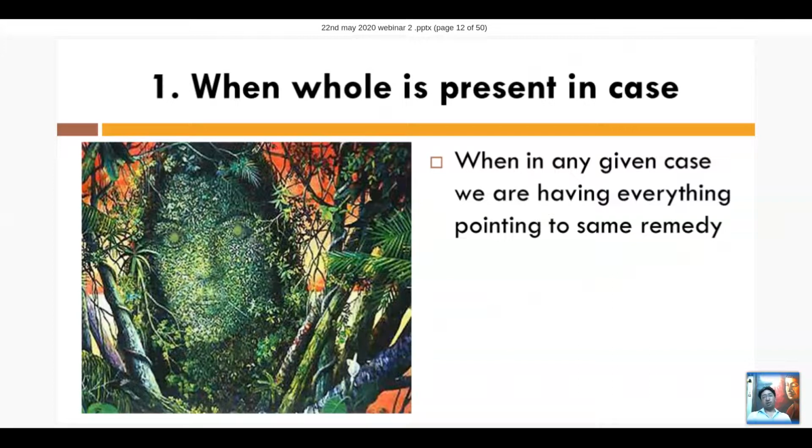Everything in the case is speaking about the same remedy. The fears, the tubercular diathesis, the impatience, the hypertension, everything points to Atropine. So we can say these cases are the holistic ones in which everything is there, and in these cases we get very good results.